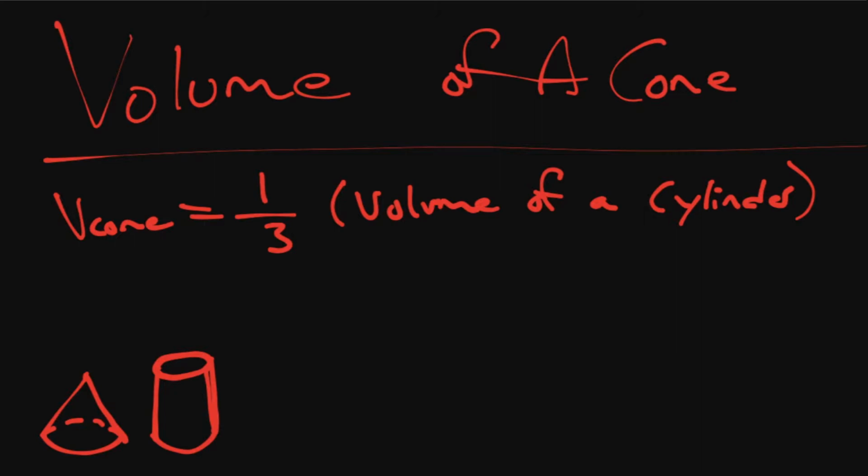So let's imagine that these two have the exact same radius of r, and the height of the cone goes from the dead center all the way to the top, to the vertex, and let's say these both have the same height. The volume of a cylinder is basically the area of the circle times the height.